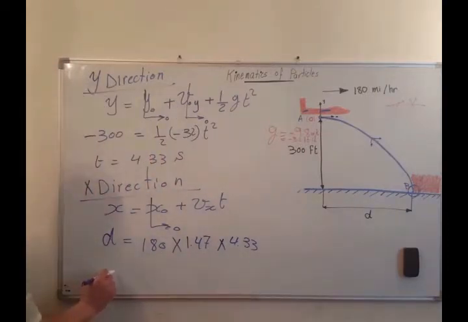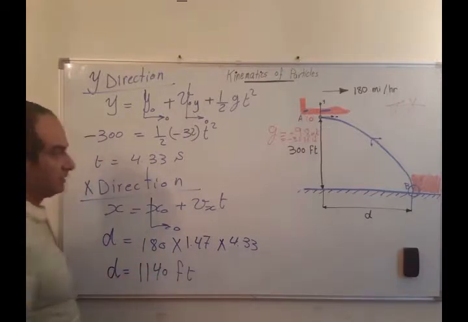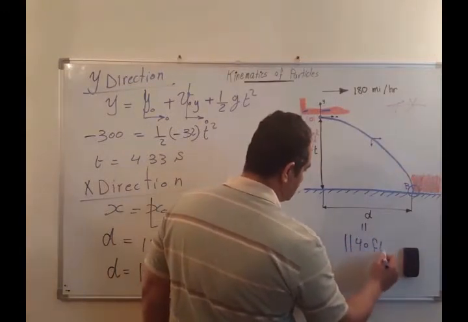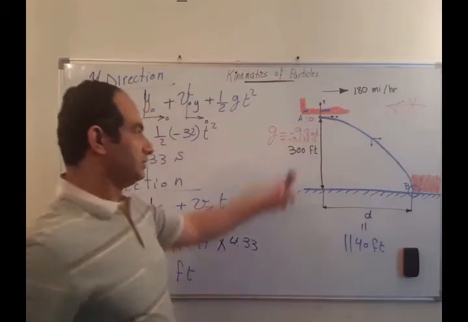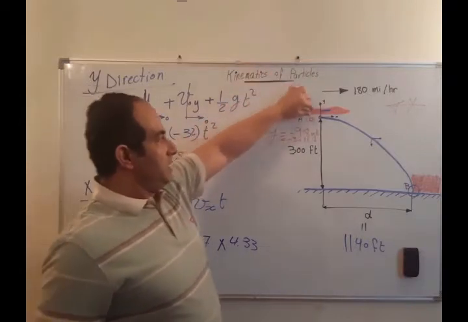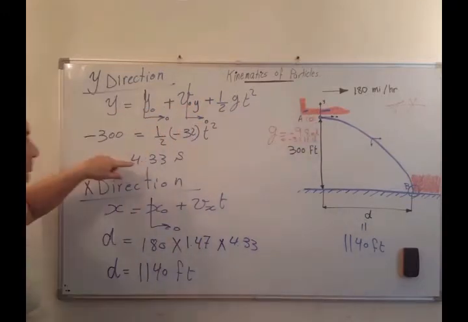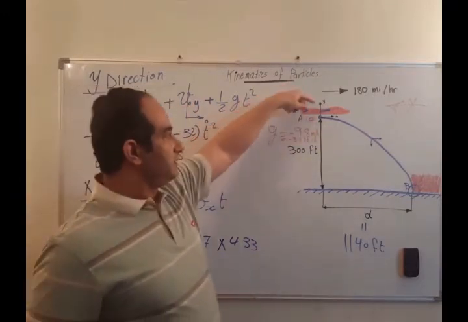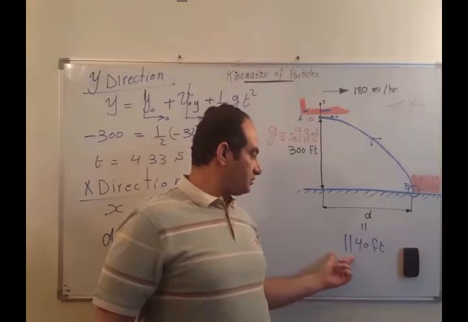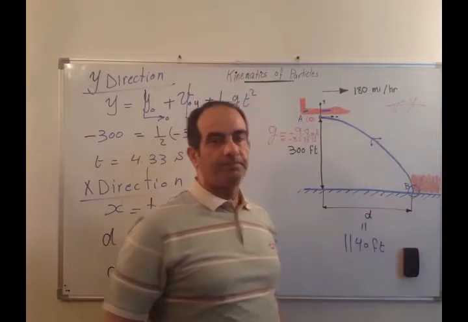Directly you can calculate d equals 1140 feet. That means d equals 1140 feet, and this altitude, as we know, is 300 feet. This quantity of water will reach point P from point A in 4.33 seconds, falling down 300 feet and covering 1140 feet in the horizontal direction as the final point.